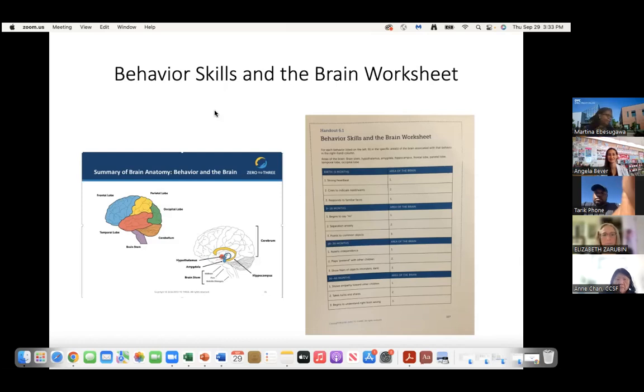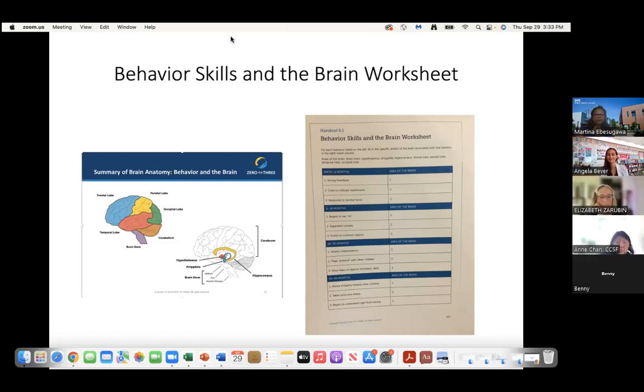Yes. Okay, and then the next one is plays pretend with other children. What area of the brain would be affected by that? So being able to play pretend. The hippocampus for remembering, and the brainstem.